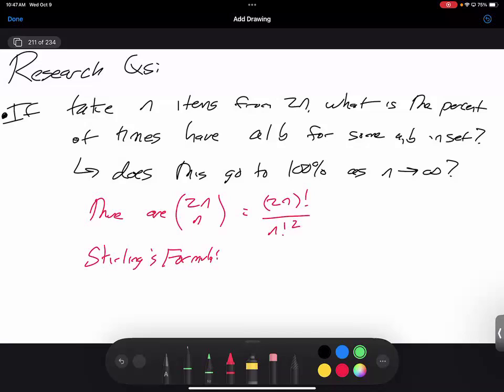No, that's something different. Stirling's formula talks about how fast the factorial grows. So Stirling's formula says m factorial is about m to the m, e to the minus m, square root of 2 pi m. And so you can use this to estimate how fast 2n choose n grows.